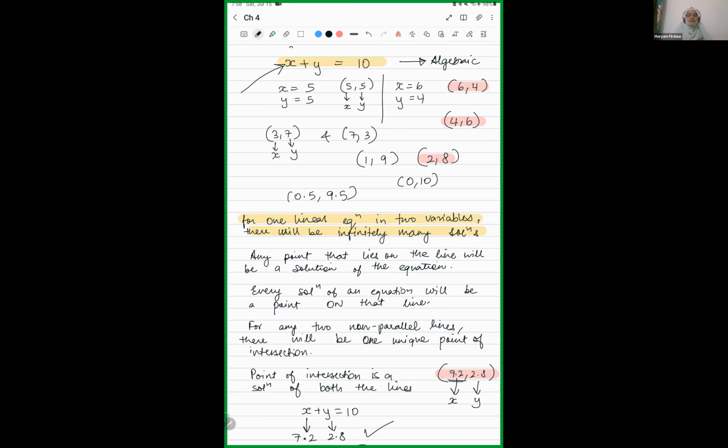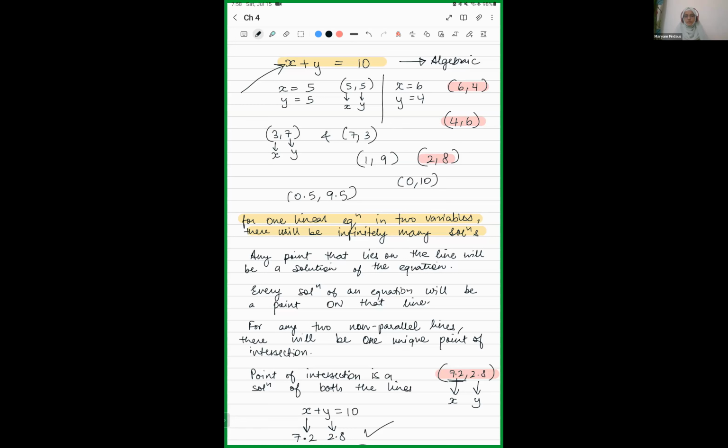If your x is 3, y becomes 7. Similarly, if x is 4, y becomes 6. If x is 5.5, y becomes 4.5. If x is 9.9, y is 0.1. So how many solutions do you think we will have for a linear equation in two variables? How many solutions?